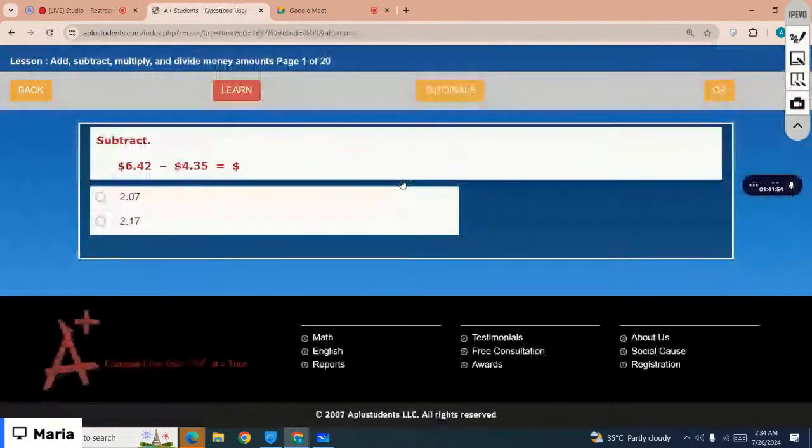Okay, 6.42 take away 4.35. So which is the correct option? You simply have to subtract. So which is the correct option?